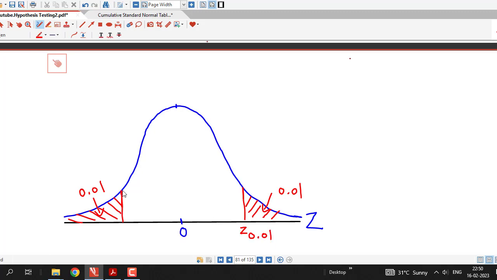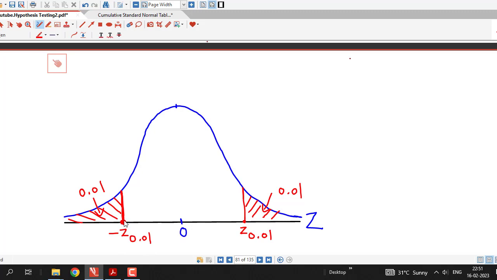Due to symmetry of this normal curve, these two areas are equal, and if we denote this point by z suffix 0.01, this point will be denoted by negative of z suffix 0.01. Due to this symmetry, we have equal area in both the tails, and we are interested in the area to the left of this point, minus z suffix 0.01.